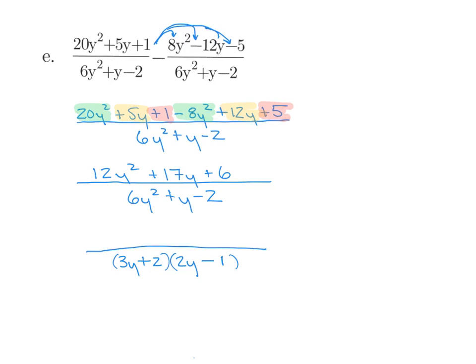Okay, so now I want to try this as one of my factors for the top. Quick note, we are multiplying to a positive 6, which means same signs. We are combining to a positive 17, which means both are positive. That rules out the 2y minus 1. So I'm going to go with 3y plus 2.